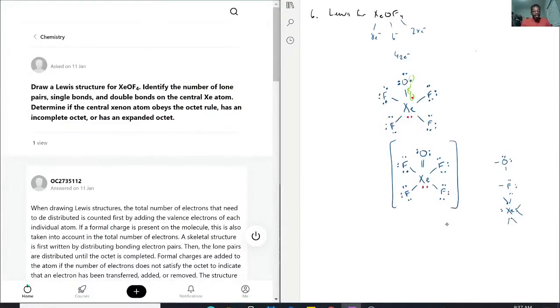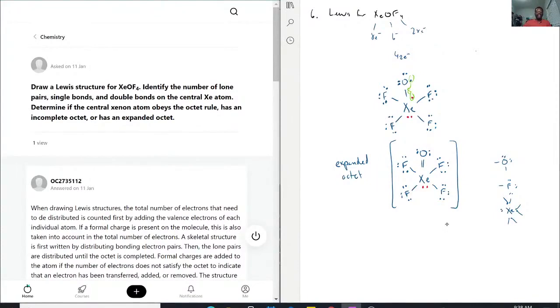So now let's see what it says here. Determine if the central xenon atom obeys the octet rule. No, it does not. Does it have an incomplete octet? If anything, no. This goes way beyond it, which is why we use the term expanded octet for the xenon. That is definitely what it's doing.